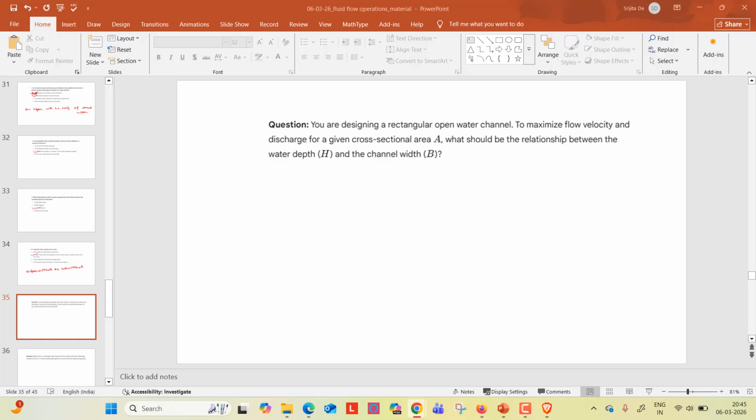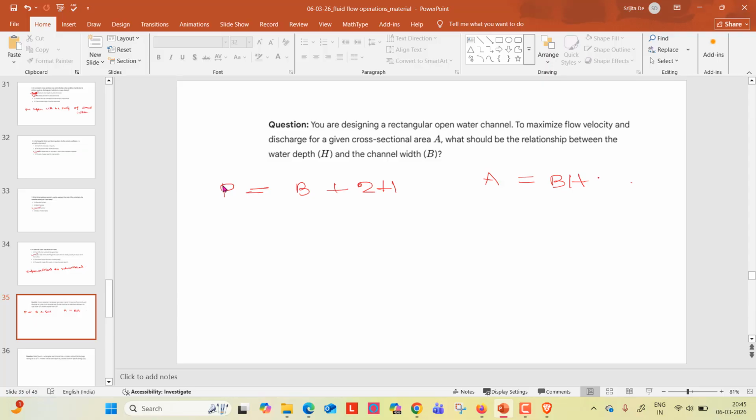So the perimeter of the rectangular channel P is width plus 2 into height, right? And also we know the cross sectional area A is B into H, right?